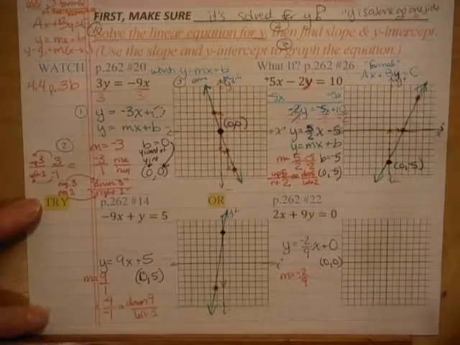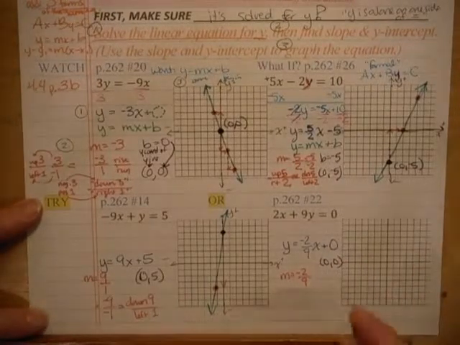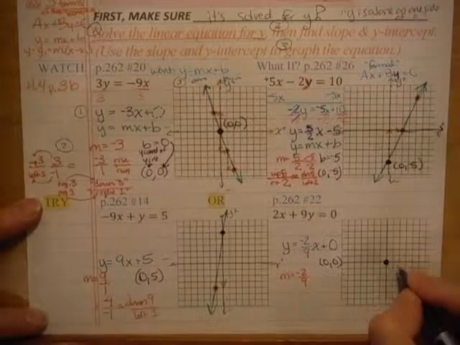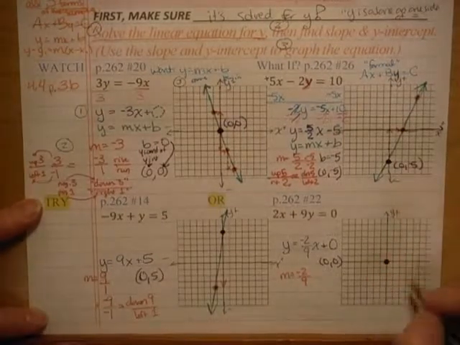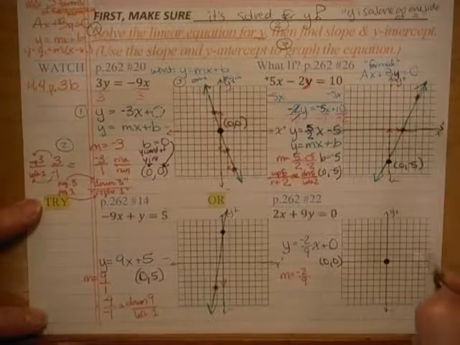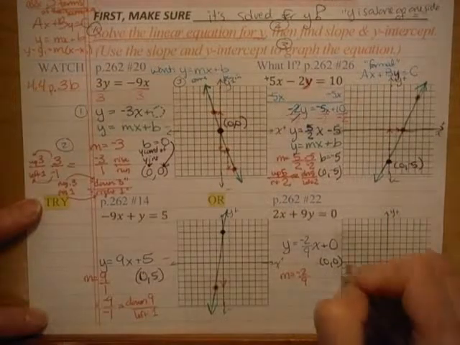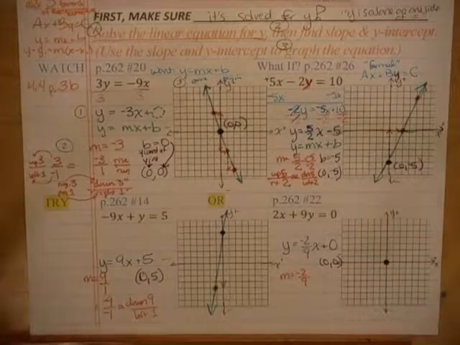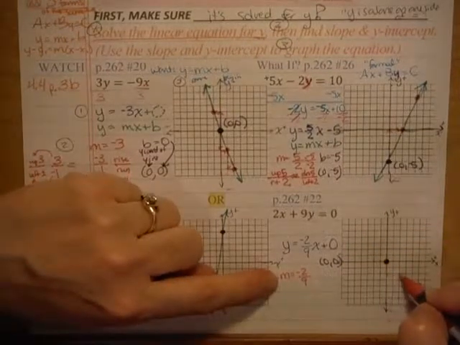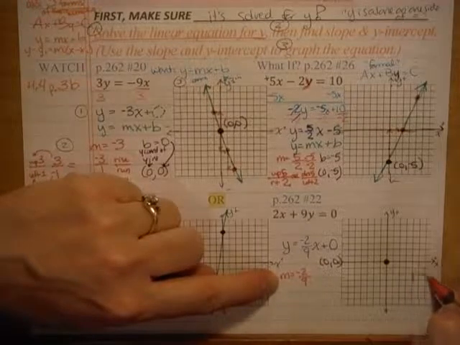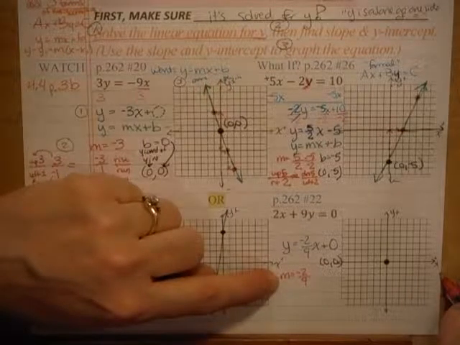So we're going to go down 2 to the right 9. We'll start at 0, 0. I'll extend my axes here to make sure it's really clear where we're at. So we go down 2 and to the right 9. I am going to go off the grid here. 2, 4, 6, so it's kind of way over there.